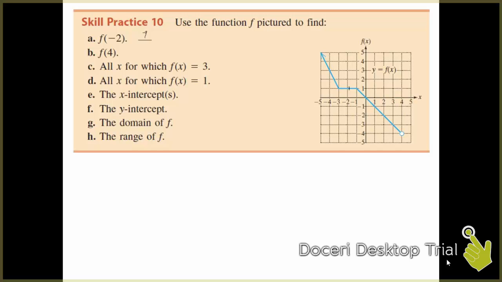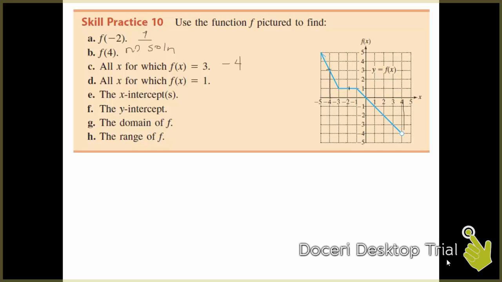At 4, there is no y because it's an open circle, so there's no solution there. All x's for which y is equal to 3. So here's y equal to 3, so it's going to be -4. And you need to put x equals -4.